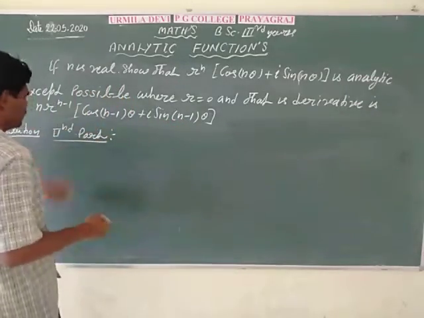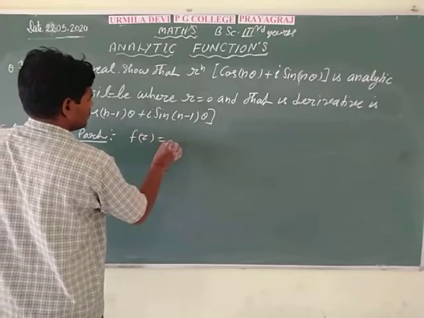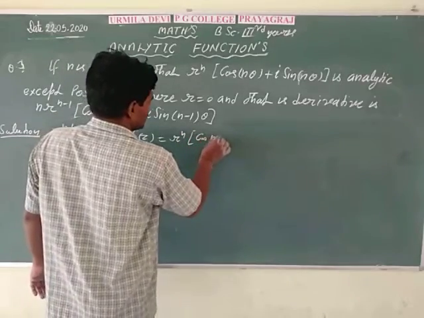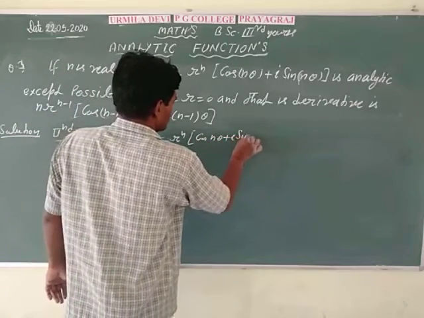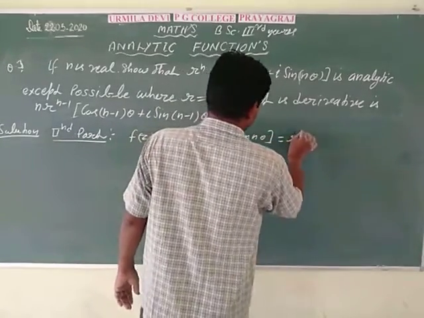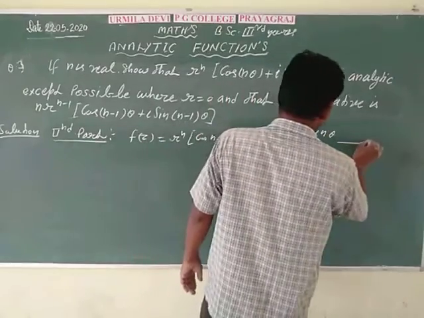Therefore, for this, first write the given function f(z) equals r to the power n (cos n theta plus i sin n theta), which is equal to r to the power n e to the power i n theta. This is taken as equation 1.